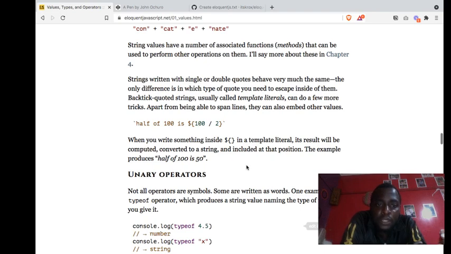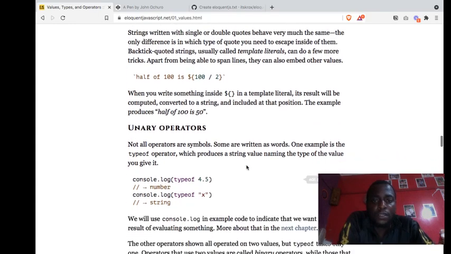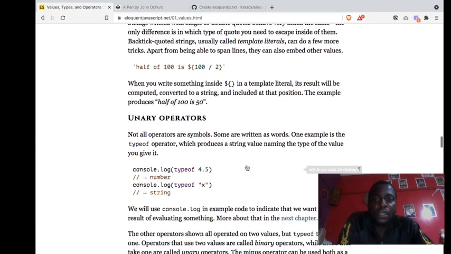"Half of 100 is ${100 / 2}" is a template literal. When you write something inside ${} in a template literal, its result will be computed, converted to a string, and included in that position. The example produces "half of 100 is 50".